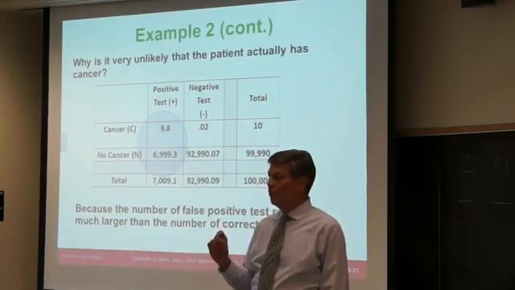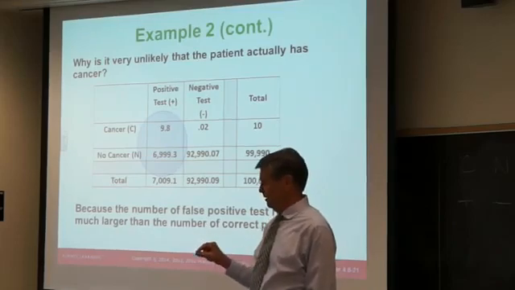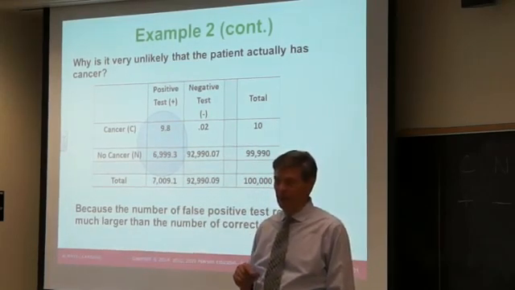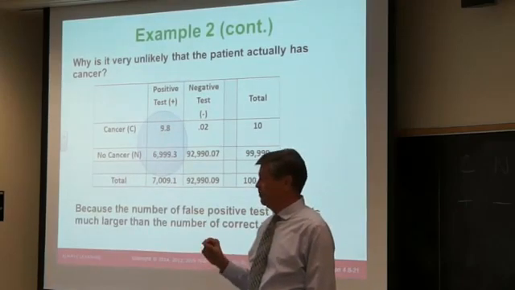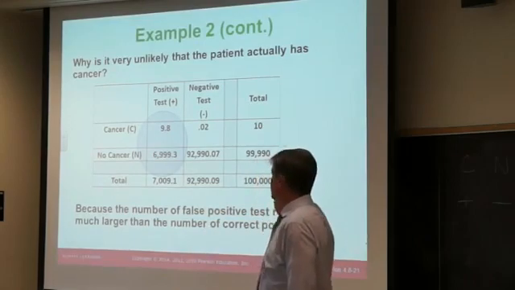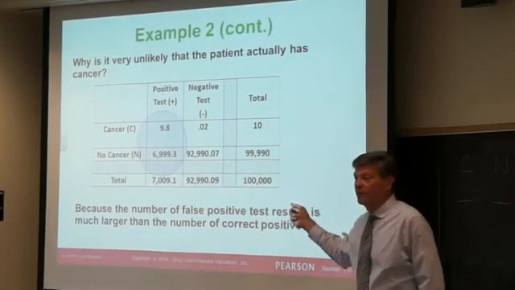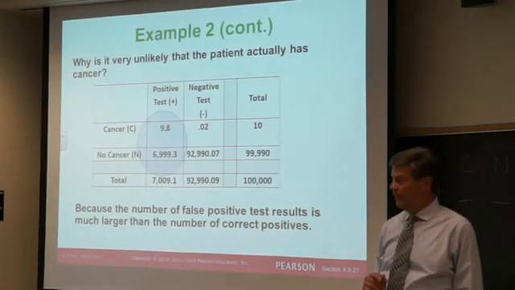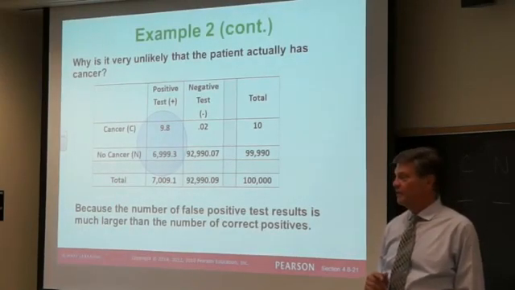Or if the test has fewer false positives, instead of 7% it goes to 1%. That means if you got a positive, it'd be more likely that you had cancer. But in this description we have here, the reality is not very likely at all. Okay? You can see you're all stuck.